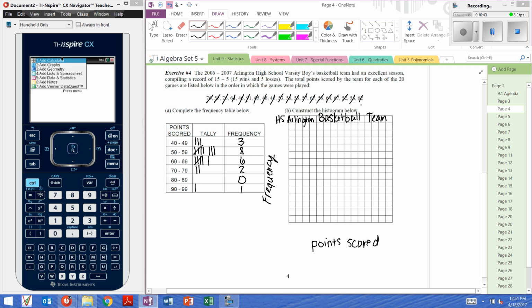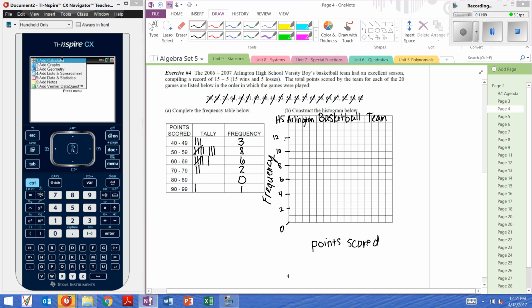Okay, so frequency. Well, our frequency has to go all the way up to 8. So I think that we can start off at 0 and maybe just count each one of the blocks as 1. I'm just going to label everything with even numbers so I don't have to label it all. But as you can see, I'm still counting every box as 1.